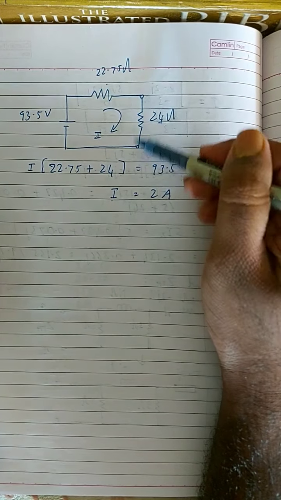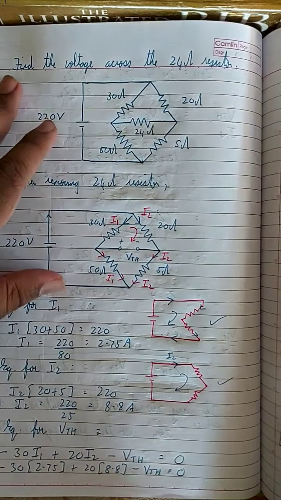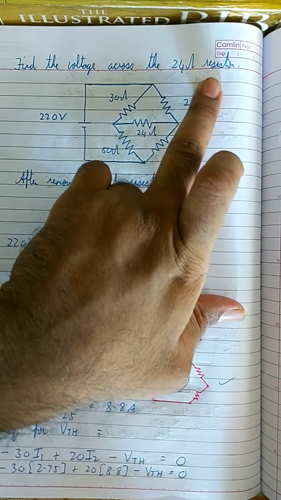Therefore current through this 24 ohm resistor is 2 amperes. This is what they asked. What is the question? Oh, the question was to find the voltage across the 24 ohm resistor.